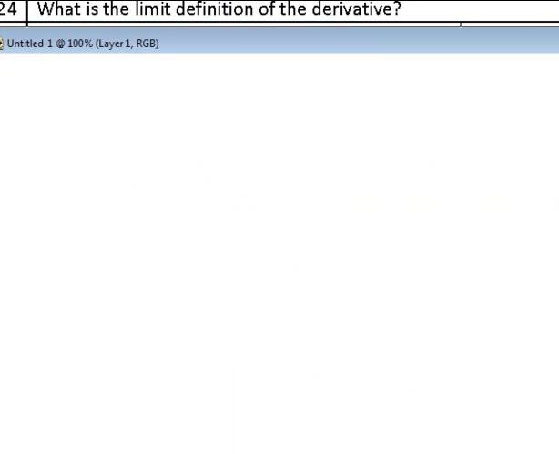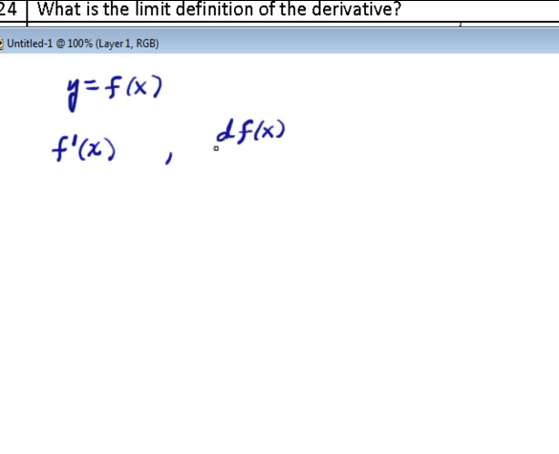In number 24, we just want to write down the limit definition of the derivative. So if we have a function f of x, the derivative, we'll use the notation f prime of x, or we could use the other notation, we read this, the derivative of f of x with respect to x.